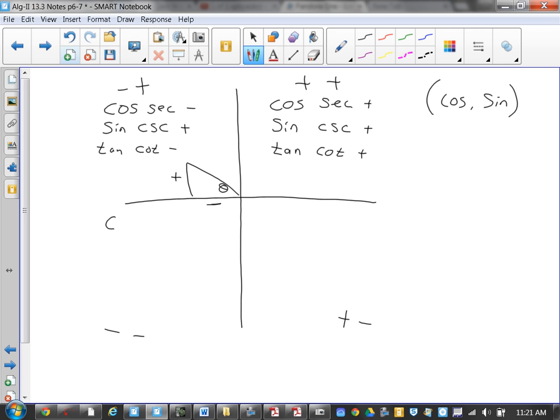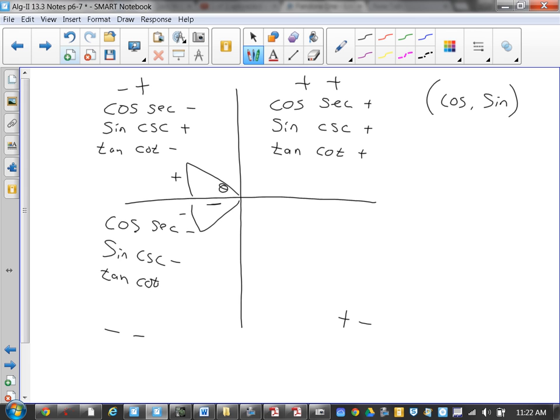In the third quadrant, just a rough idea here, everything's negative, right? Your x values and y values are negative. So won't cosine and sine both be negative in the third quadrant?